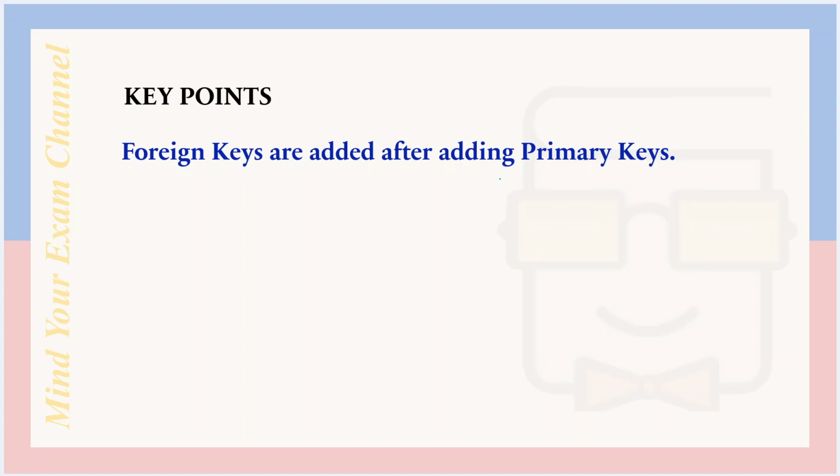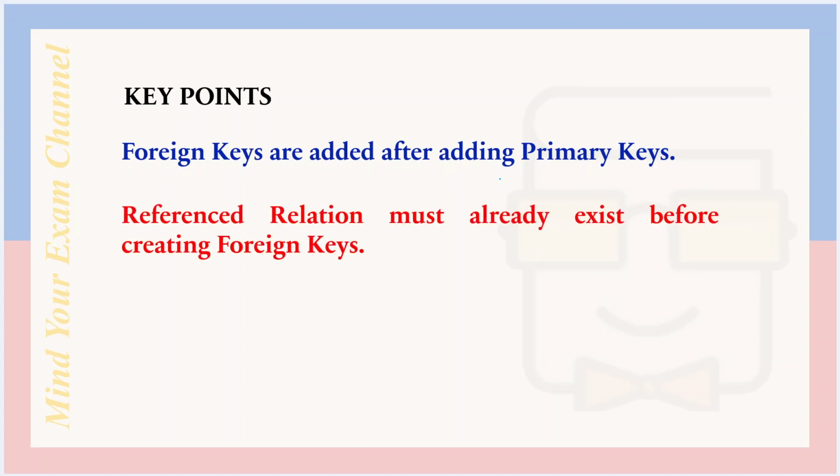That means the primary key of the guardian table, GUID, must be created before creating the GUID foreign key of the student table. It also means that the referenced relation, the guardian table, must already exist before creating the referencing foreign key.